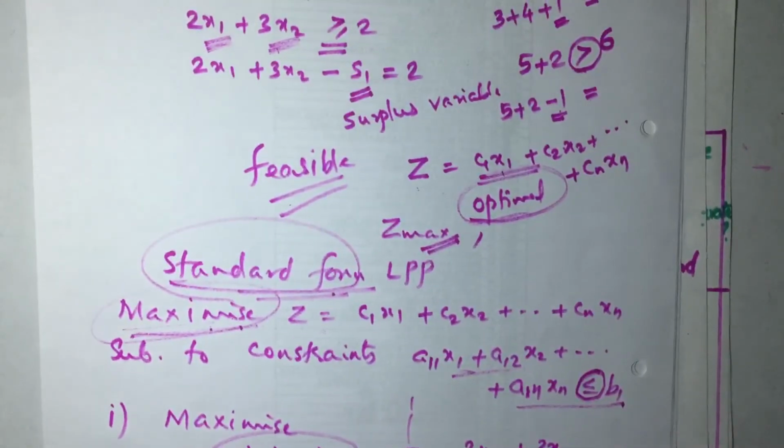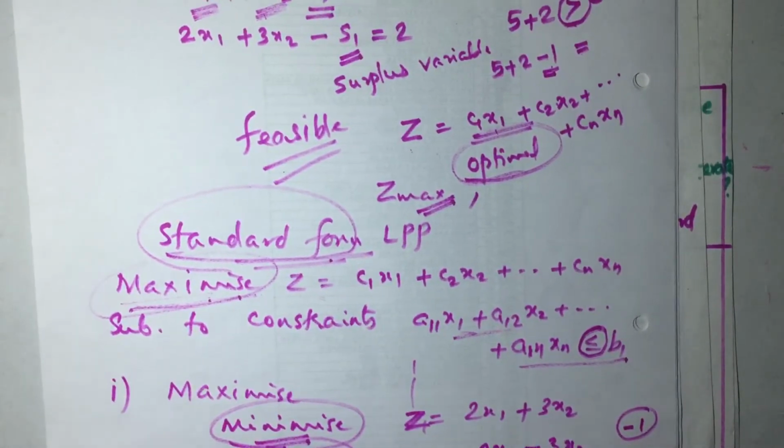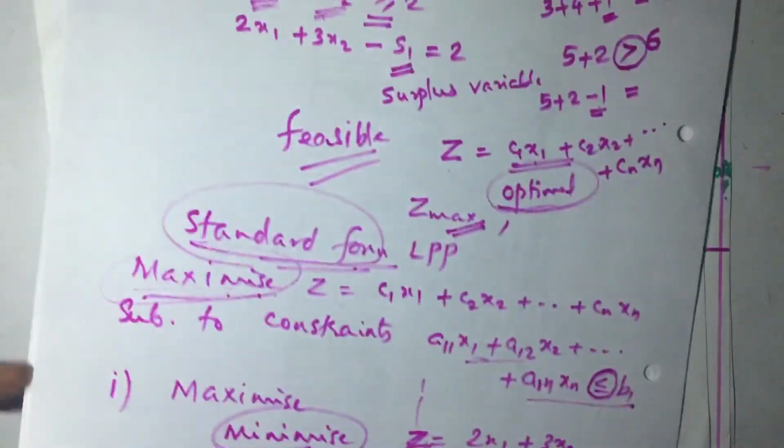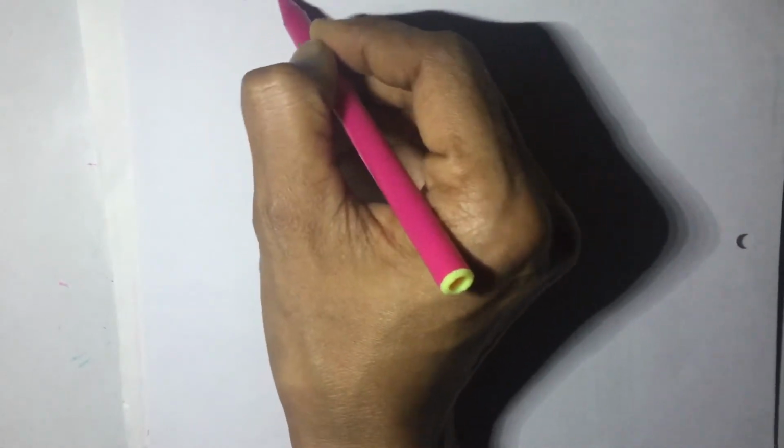Now I will tell you how to write a standard problem. Before that, a little more thing: some types of solution. You should know this while doing a problem. While doing an LPP, you will get 2-3 types of solution. First is basic solution.